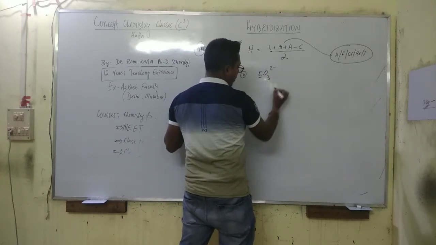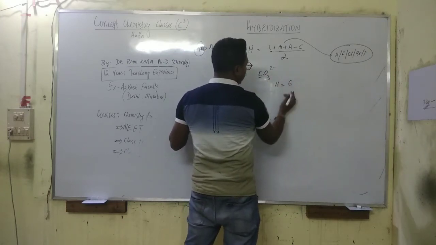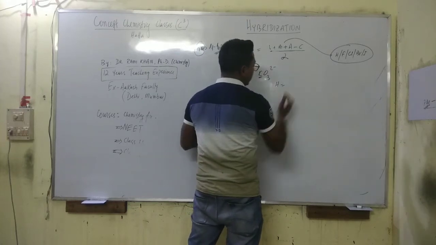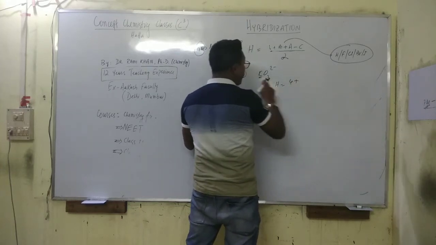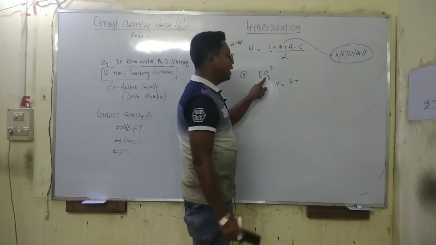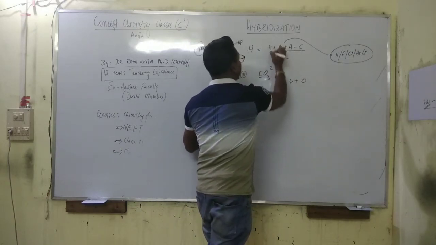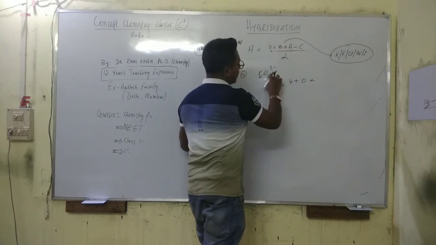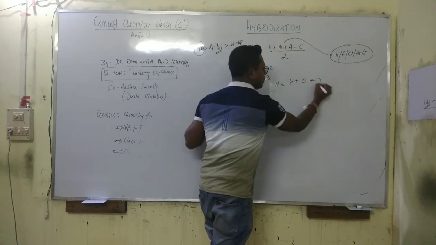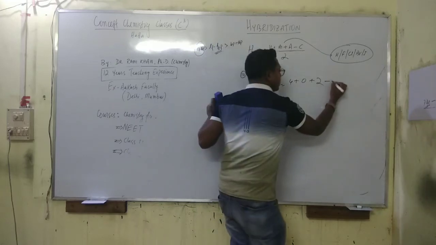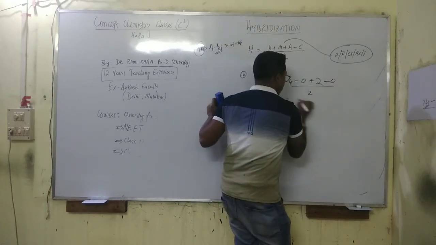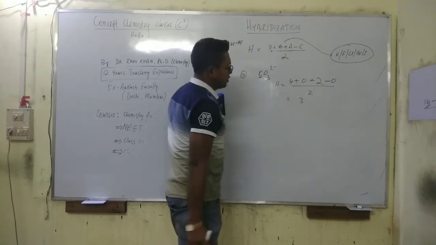Carbon is the central atom here. Carbon has 4 valence electrons, plus monovalent atoms. There is no monovalent atom here in this case, so M will be 0. The anionic charge is 2 minus, so 2 will be added. No cationic charge is there, so this will give the value of H as 3.